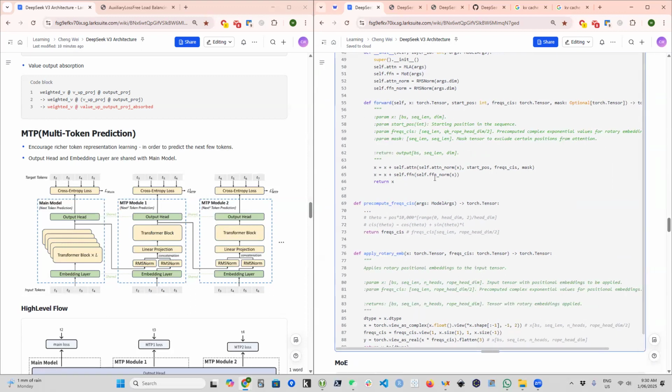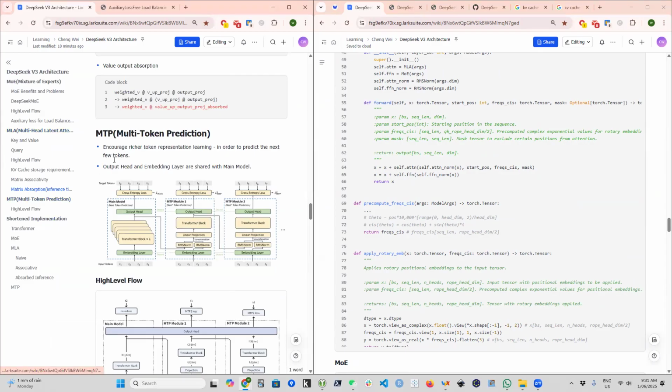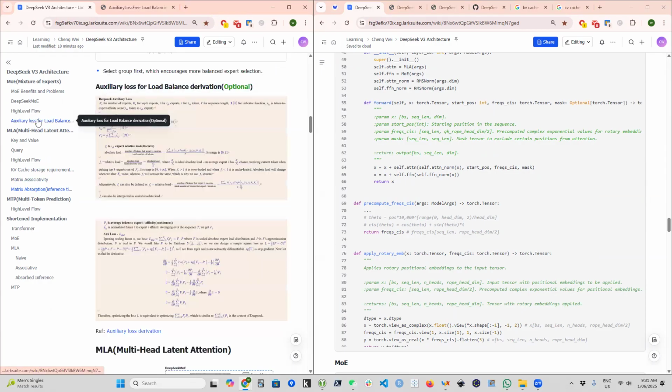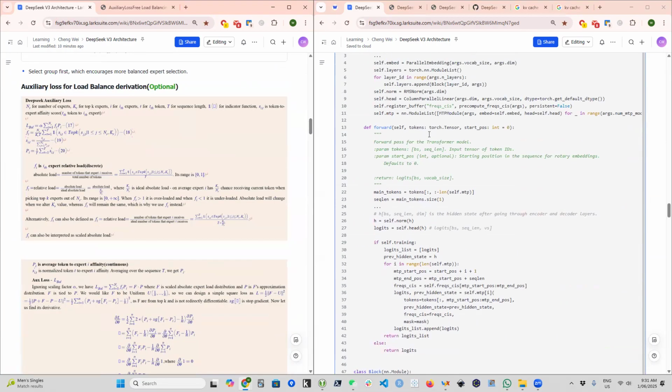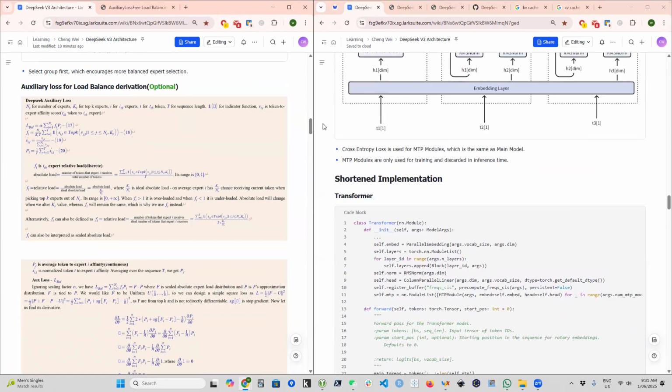Okay, so this is multi-token prediction. I think that's all for the main part here. So the last one left is this one. We have some time left, so let's finish this one.